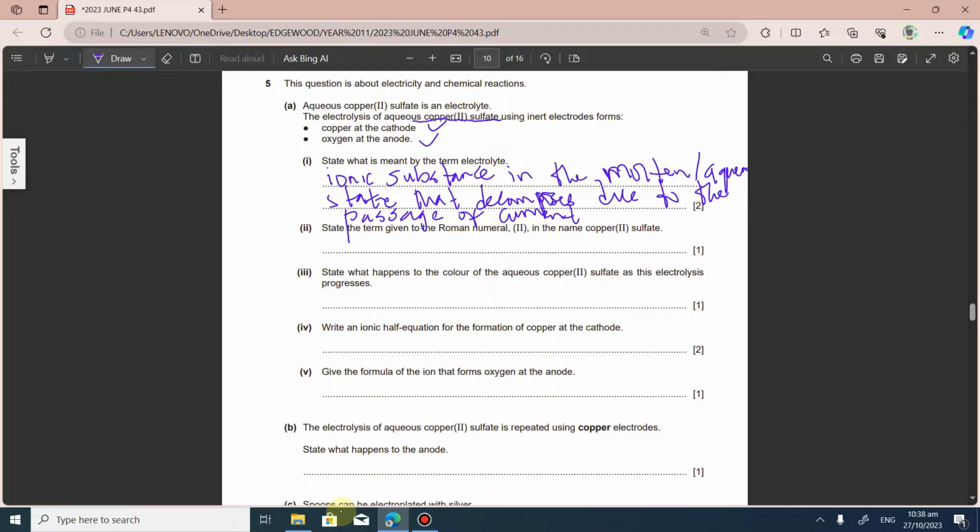So any ionic substance which has to be in the molten or aqueous state that decomposes due to the passage of current through it is called an electrolyte.